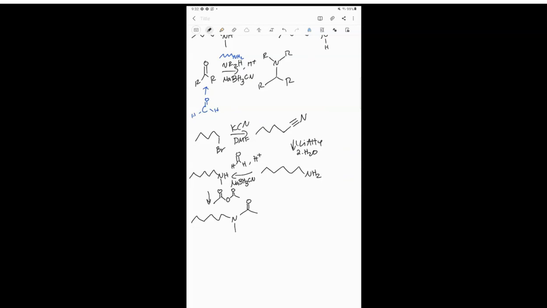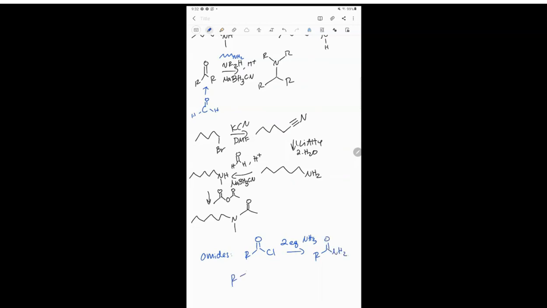I don't know if we have a name for it, but it's just how you can make amides. Amides are essentially, you have some sort of acyl chloride, and you would need two equivalents of your amine, and then you'd get your amide out.